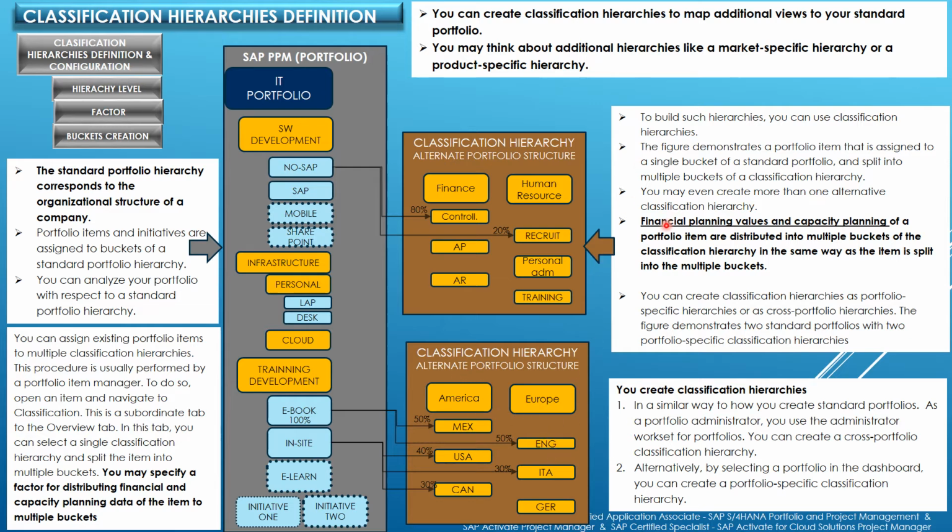So financial planning values and capacity planning of a portfolio item are distributed into multiple buckets of the classification hierarchy in the same way as the item is split into multiple buckets. We can subdivide the items in different classification hierarchies. In this figure, I am showing that this item is subdivided, but we can subdivide this item in this other classification hierarchy as well.